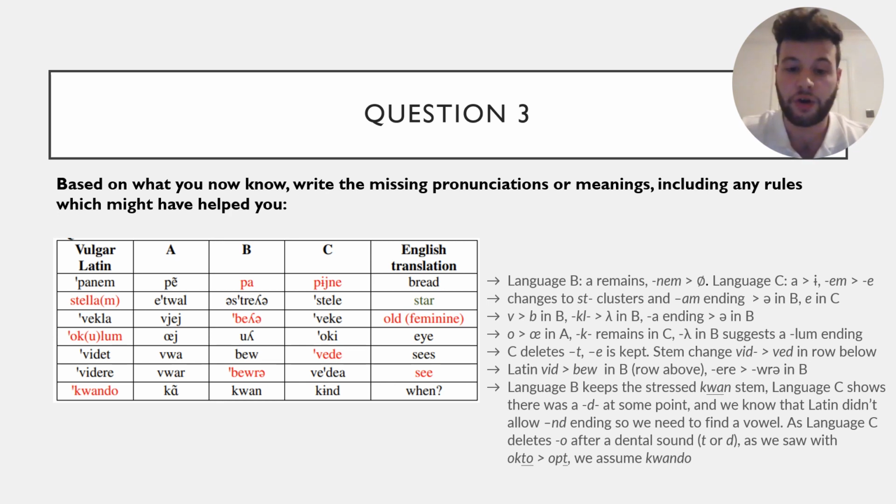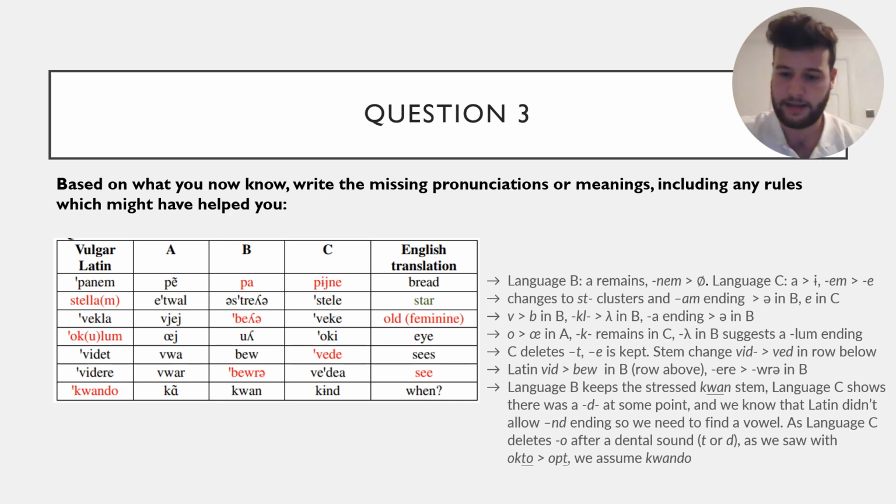So we go then to oculum, which was also a challenge. I knew that in language A, this definitely meant that we started with o, as o becomes something else in language A. And we know that language C keeps our Ks, so it was ok. As we can see in language C, it keeps that stem.